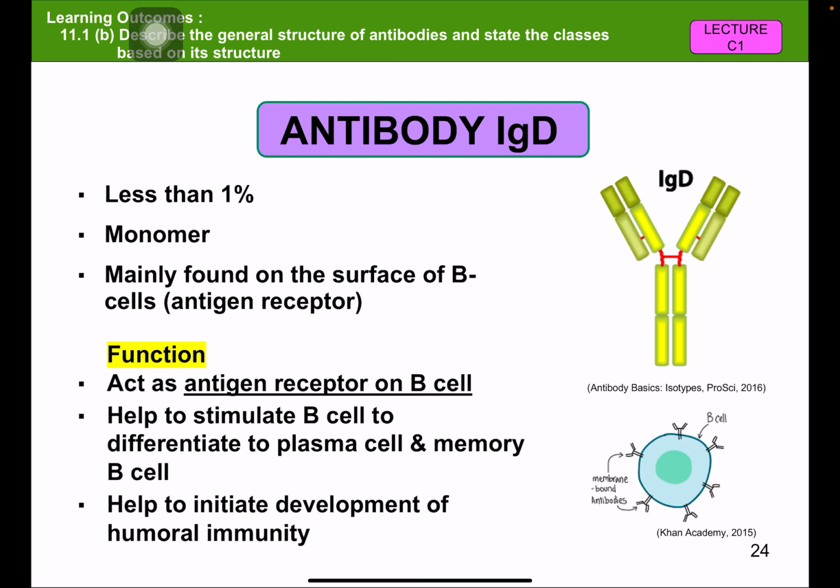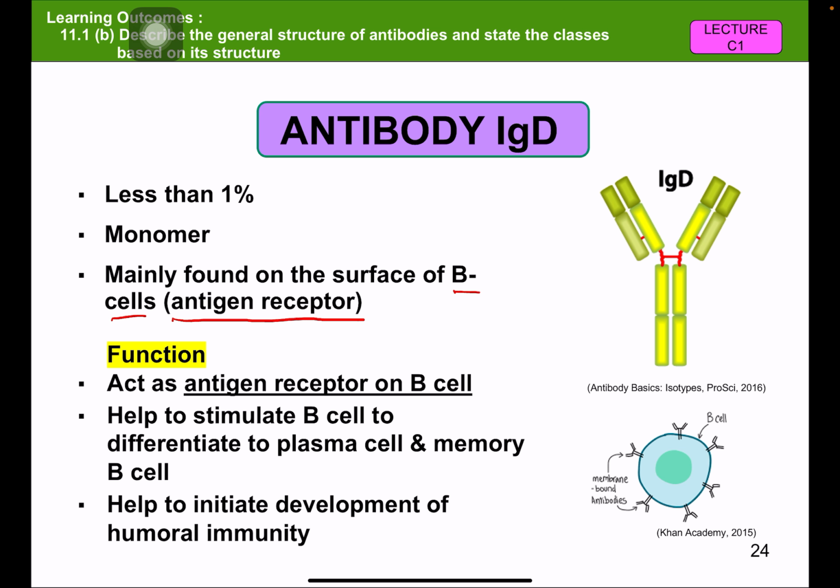The IgD is less than 1%, and it's single, or monomer, found mainly on the surface of the B cell as an antigen receptor. So the function is to act as an antigen receptor on the B cell.